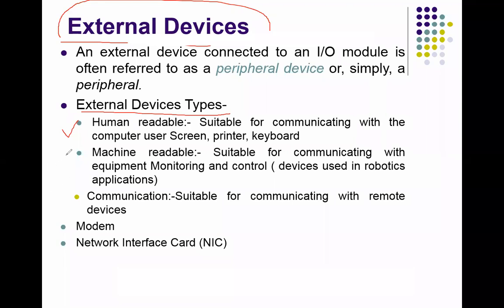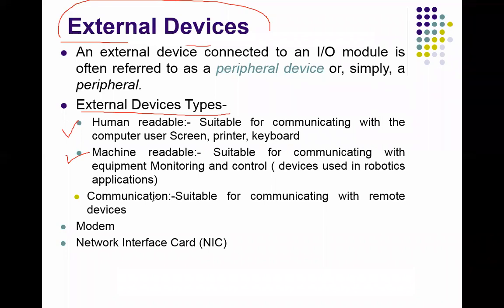Second one is machine readable. Machine readable, like a human cannot understand, but a machine can understand. Example, in a robot, you have connected a sensor. With the help of that sensor, you can detect if any obstacle comes in between, and the robot changes the direction.